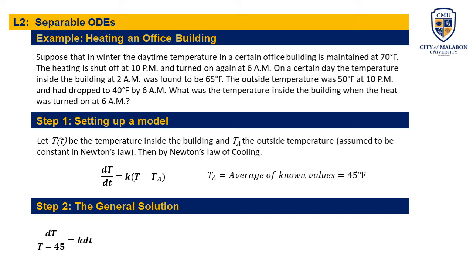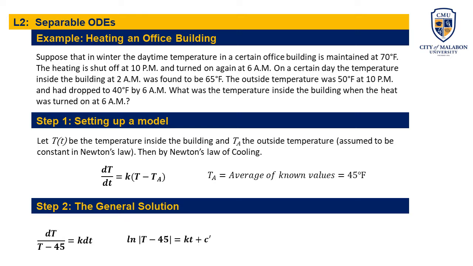So this is an example of separable ODEs in which we are going to reduce our given differential equation into the form g of y times y prime is equal to f of x dx. So we now have dT, the differential of temperature, over T minus 45 is equal to K dt. This form is actually a separable ODE.